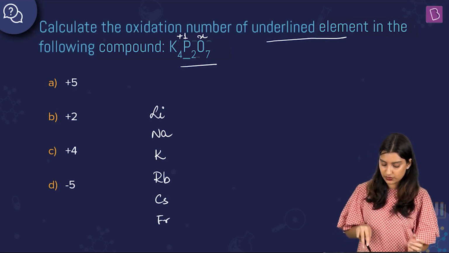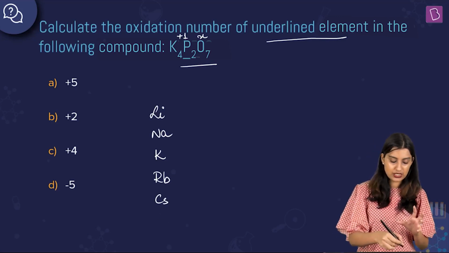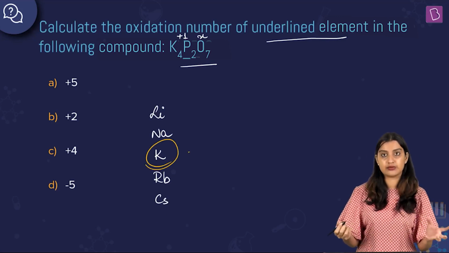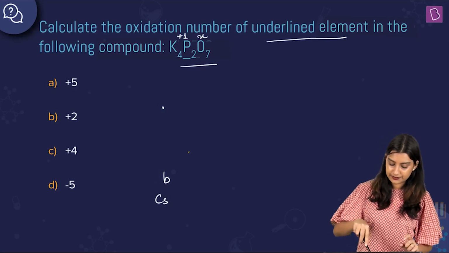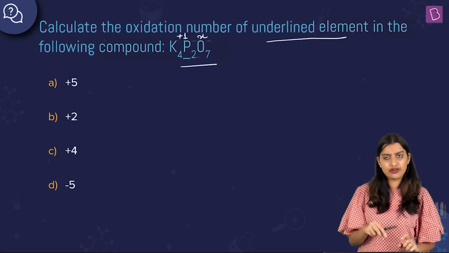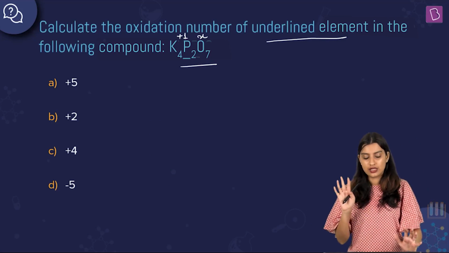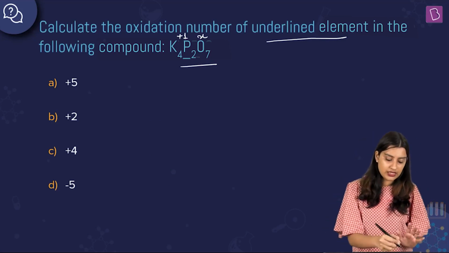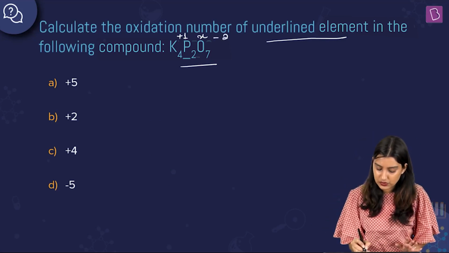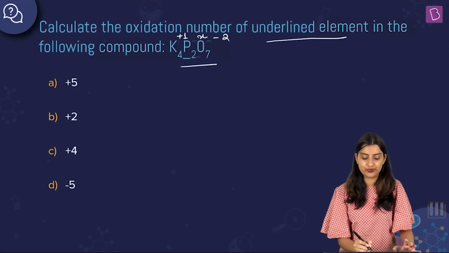Francium we generally don't consider because it's radioactive. So potassium is right here, atomic number 19, and it's a general first group A tendency to show the oxidation state of +1 in their compounds. Then you have oxygen, which we'll assume has an oxidation state of -2.